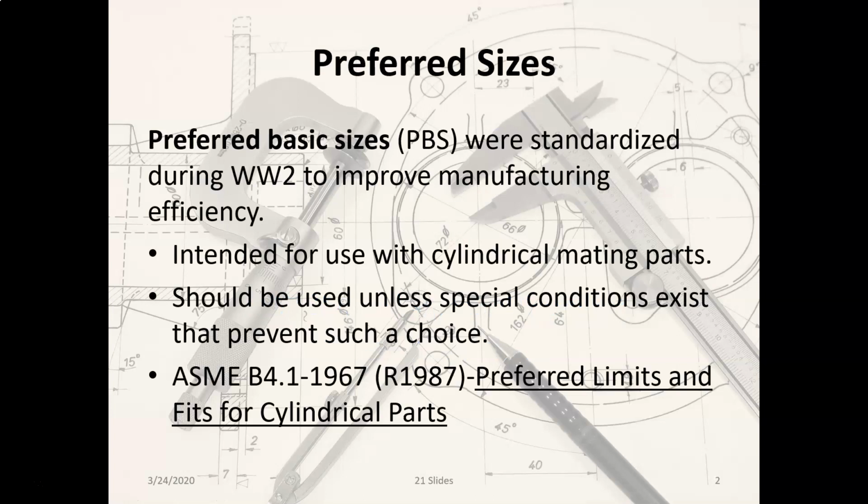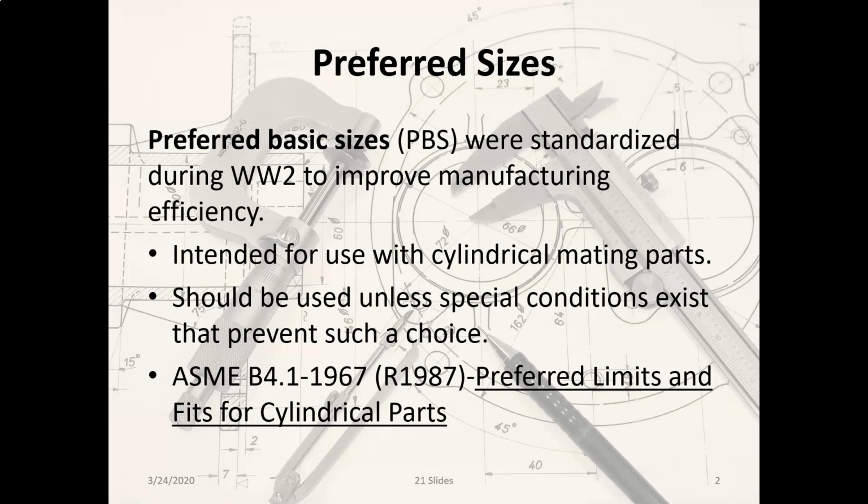So we're going to start off talking a little bit about preferred sizes. Preferred sizes basically were instituted or standardized as a response to the manufacturing that was necessary for World War II. It makes sense. The manufacturers decided that in order to streamline and make their manufacturing process more efficient, they wanted to standardize certain parts.